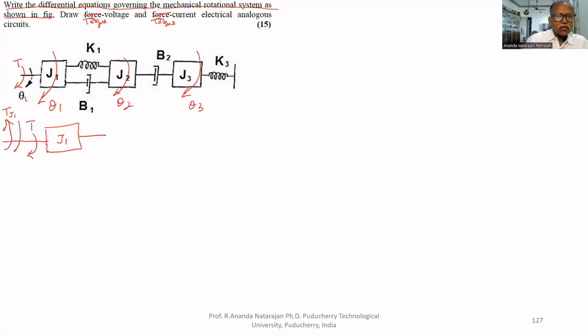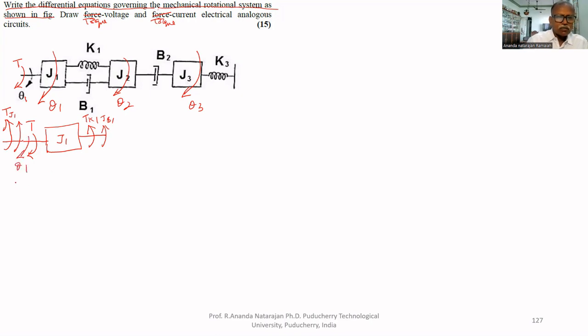The other torques that rotate in the opposite direction are Tk1 and Tb1. These are the three forces acting on it. The displacement because of the applied torque T is theta 1.